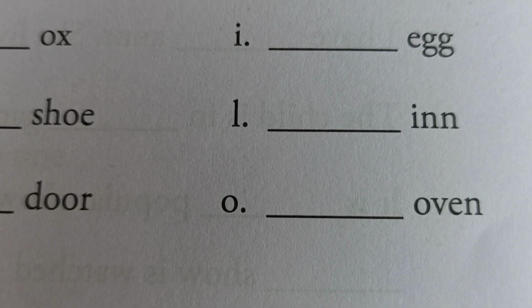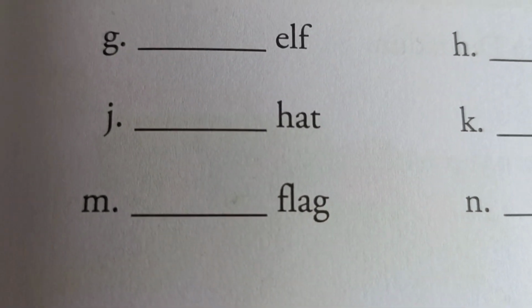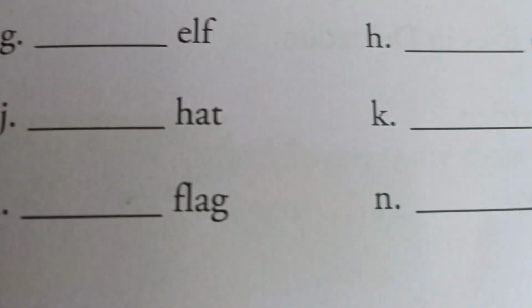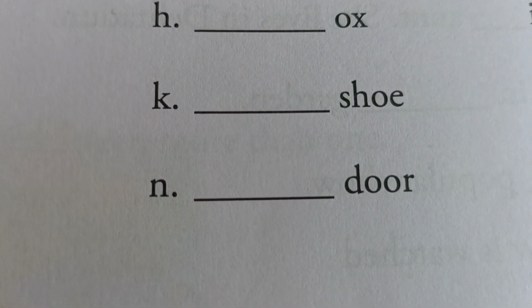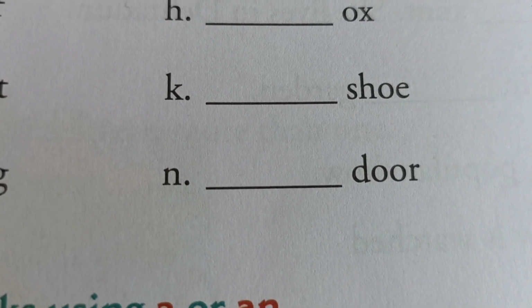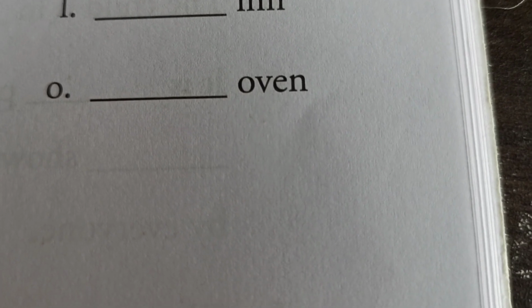In, I vowel sound, so an in. Next, flag, F consonant, so a flag. Door, D-double-O-R, door, D consonant sound letter, so a door. This one, oven, O vowel sound, so an oven.